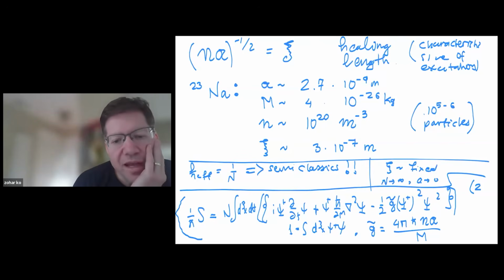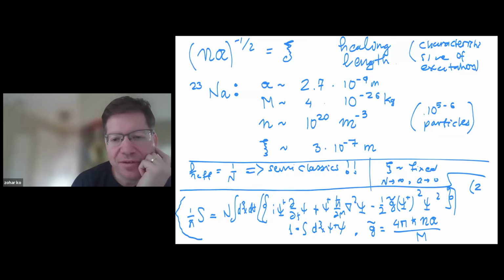So the theory of dilute gases, or this Hamiltonian problem of short-range interactions, becomes essentially classical when we can use partial differential equations and solve it. If we imagine that somehow the healing length is fixed and a goes to 0 and N goes to infinity, that really becomes the true semi-classical quantum problem, which we can use saddle point approximations for.